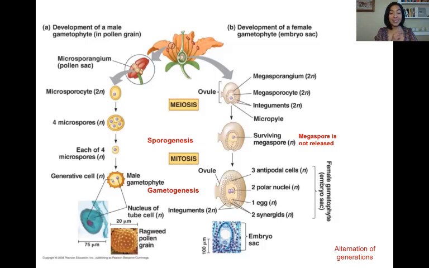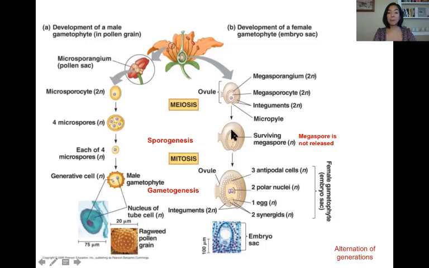Let's see what happens in the male part now. So if we do a cross section of this anther, we'll see that inside we have a cell that is diploid, a microsporocyte. This microsporocyte is gonna go through meiosis and form 4 microspores. And these microspores don't degenerate.